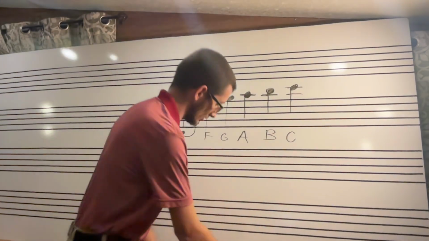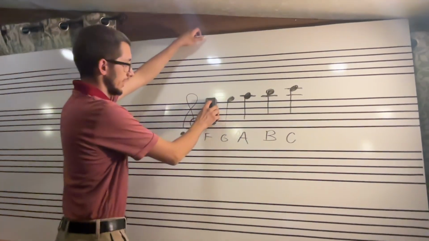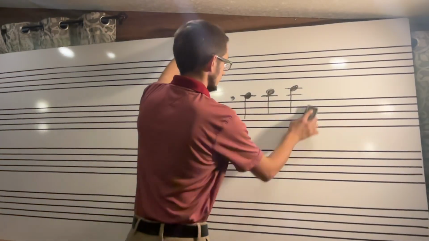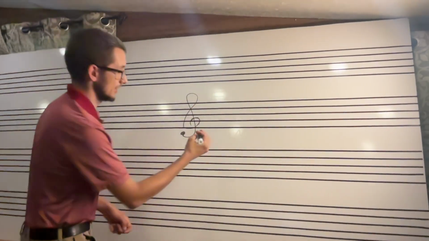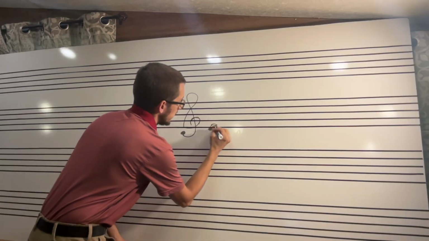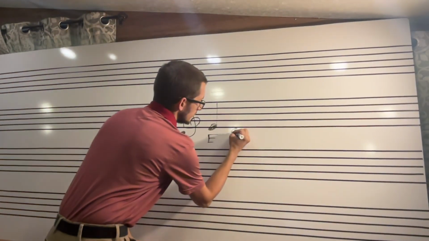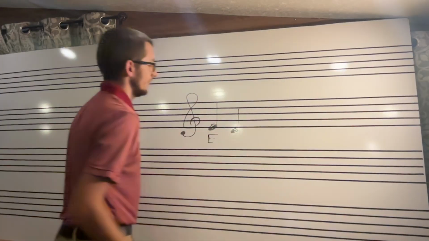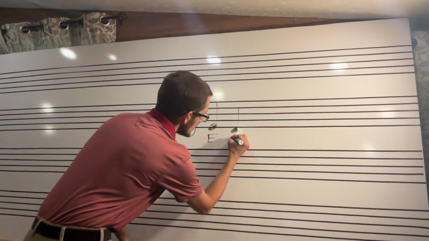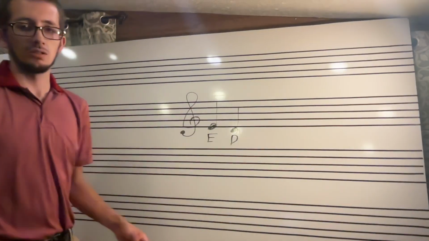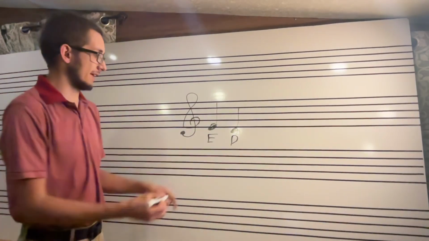This works in the opposite direction too. So we can have ledger lines that go below the staff. If we remember that this note right here is E, then this note right here, what comes before E in the alphabet? The note D. Now, in order to write this next note, I'm going to have to add a ledger line.